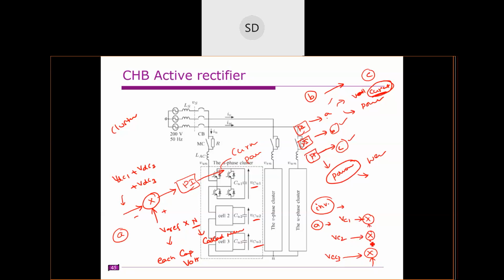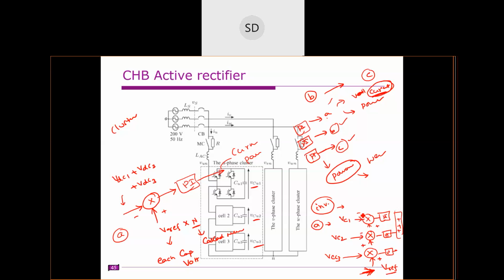All these capacitor voltages, we give to a PI controller, this gives to another PI controller, and this gives to another PI controller, and the outputs of all these are added together. The reference for all these is usually V reference.